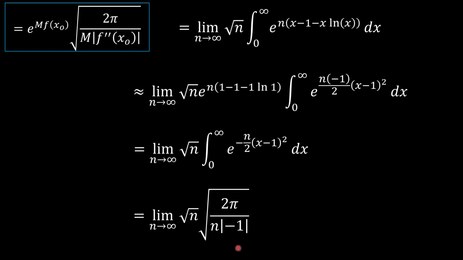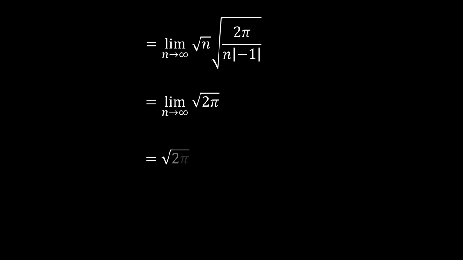Since the absolute value of negative 1 is positive 1, we're going to be left with the square root of 2 pi. Now, this is important, right? And that means that our answer is the square root of 2 pi, and that was the answer that was expected.